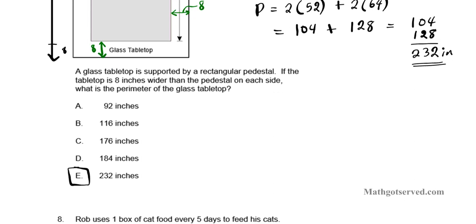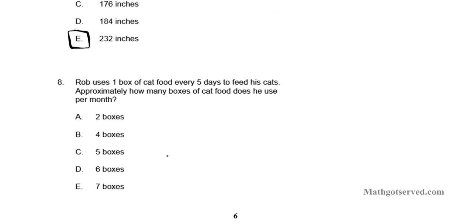All right, let's move on to question number 8. It says, Rob uses 1 box for every 5 days to feed his cats. Approximately how many boxes of cat food does he use per month? All right, so this one is good to set up a proportion, but you want to be consistent with your units, okay?